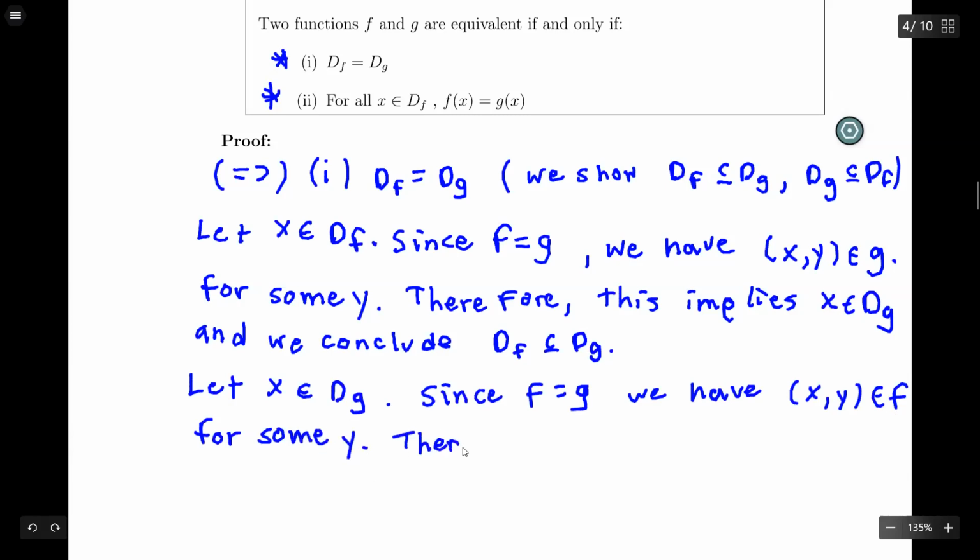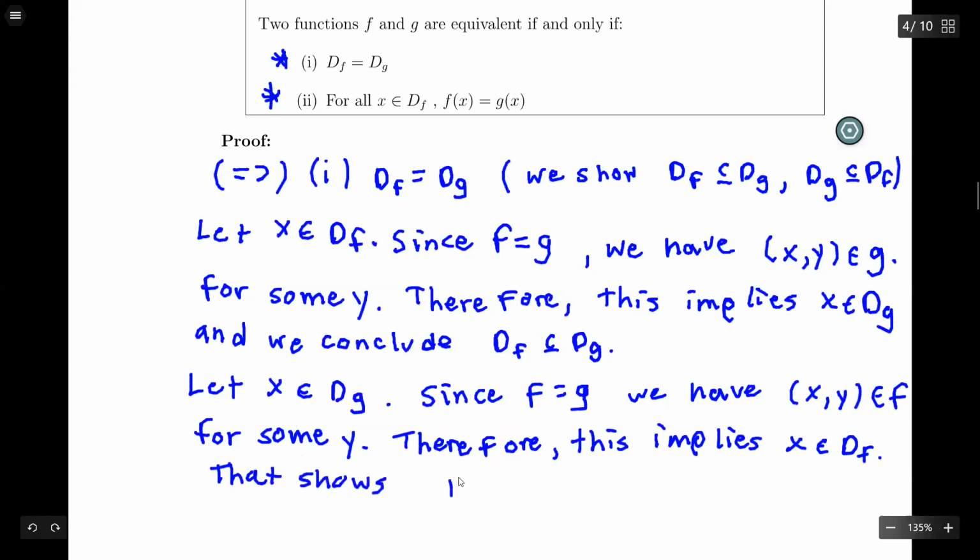Therefore, this implies x is in the domain of F. And that shows the domain of G is a subset of the domain of F. So since we showed that the domain of F is a subset of the domain of G, and the domain of G is a subset of the domain of F, we're done.